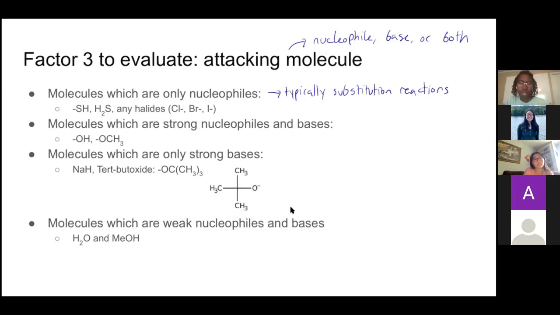Some molecules that act only as nucleophiles include SH-, H2S, and any of the halides. You might recognize that these are the conjugate bases of all the strong acids. Strong acids make very weak bases. Therefore, these are too weak to function as a base for an elimination reaction.